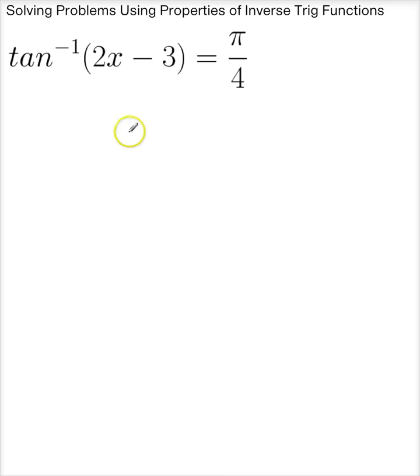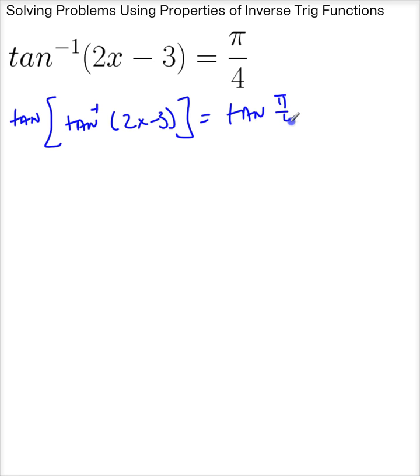Now, what if we want to solve problems? Suppose I have the inverse tangent of 2x minus 3 is equal to pi over 4. How would I solve this? Well, the first thing I want to do is take the tangent of both sides. So the tangent of the inverse tangent of 2x minus 3 is equal to the tangent of pi over 4.